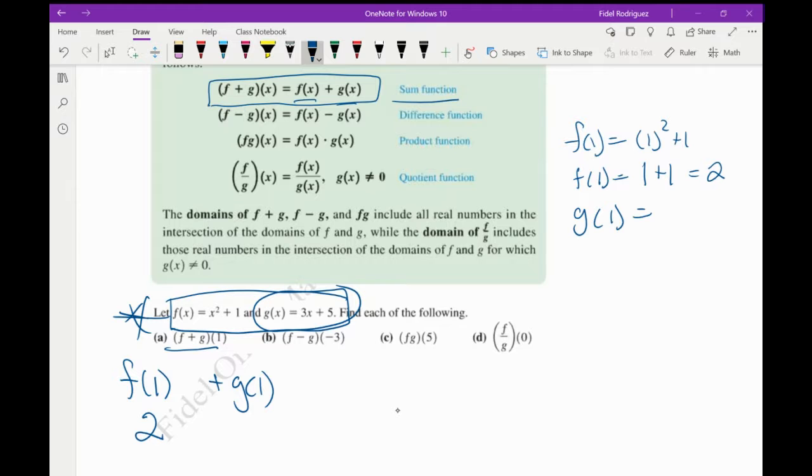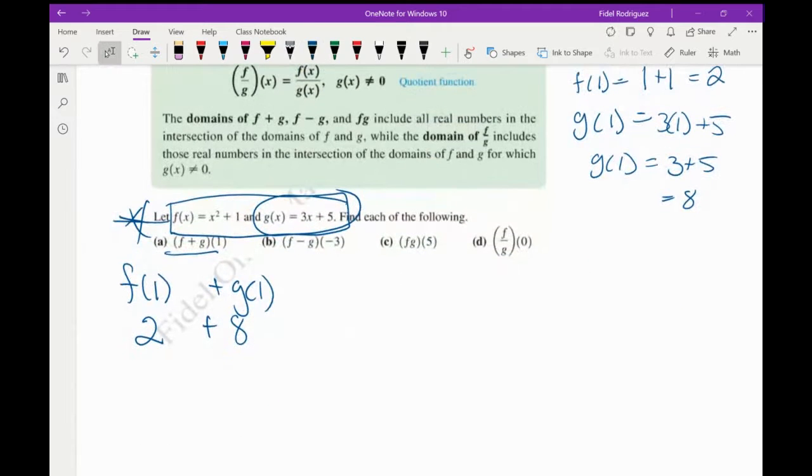Let's take 3 times 1 plus 5. And 3 times 1 is 3, and 3 plus 5 is 8. Okay? So now, f of 1 plus g of 1, what's 2 plus 8? Okay, you got it done. That's all you have to do.